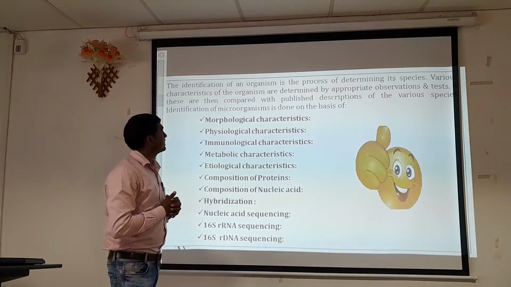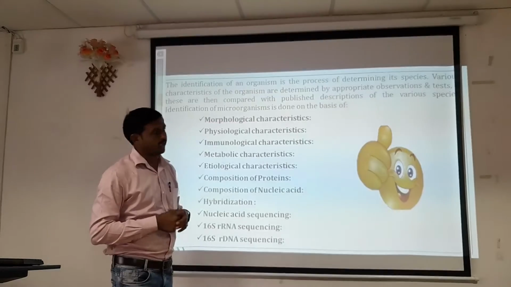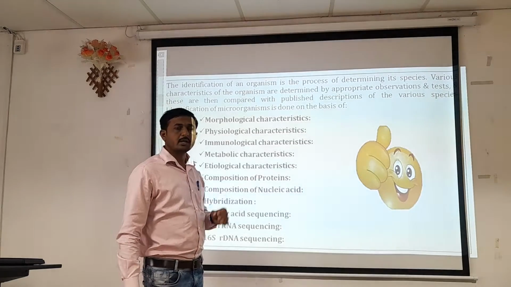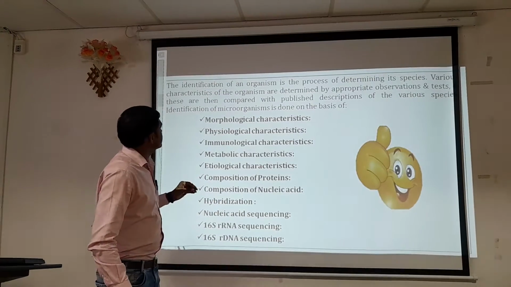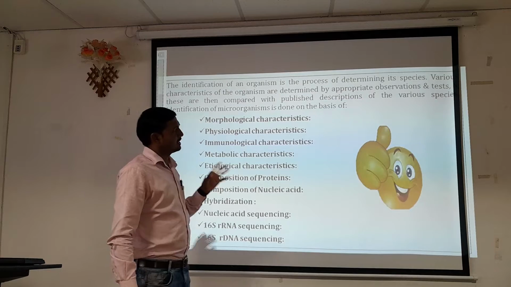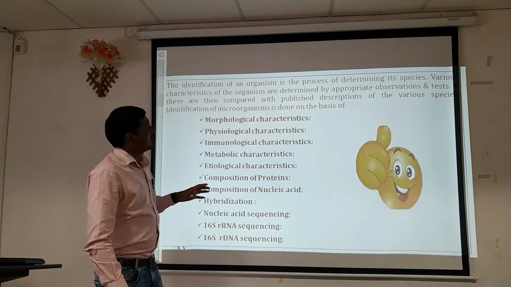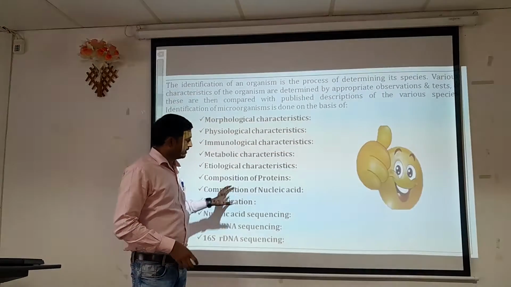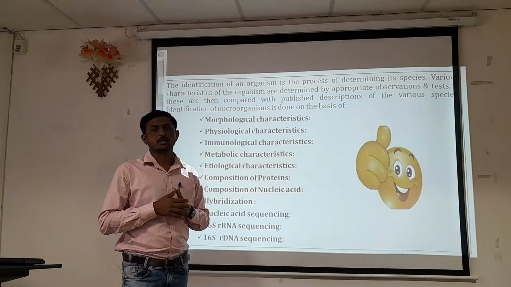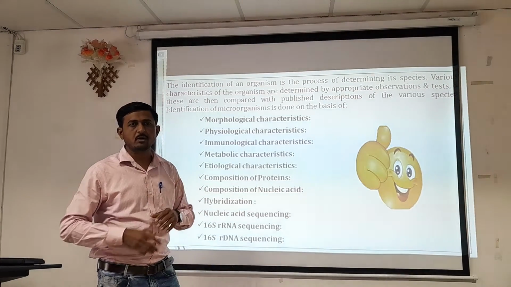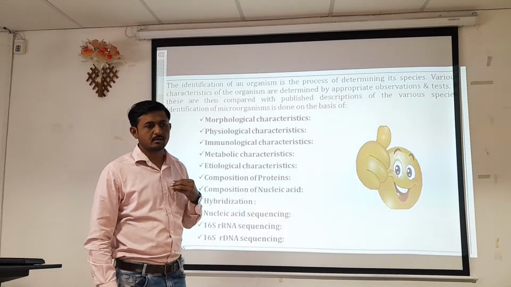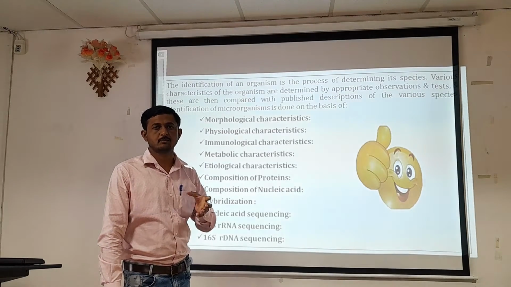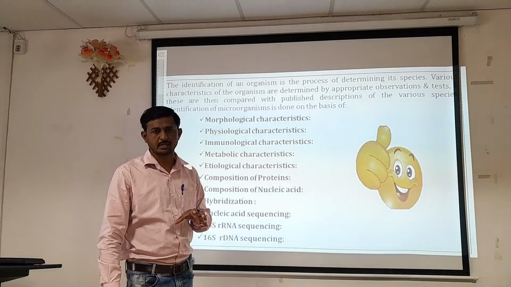Various characteristics of the organisms are determined by appropriate observations and tests. These are then compared with published descriptions of the various species. Here are the different characters we have to observe or study while carrying out the classification and identification of a particular organism.